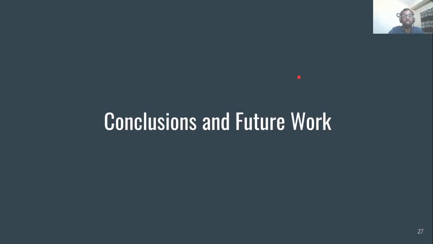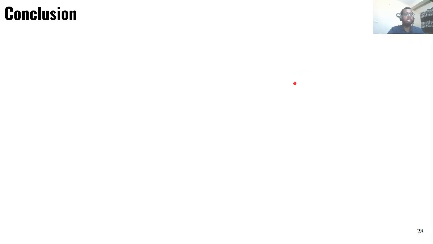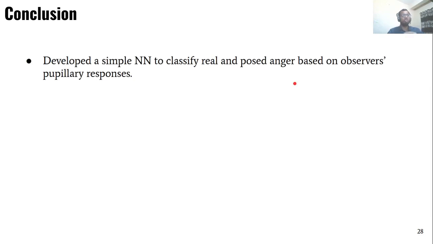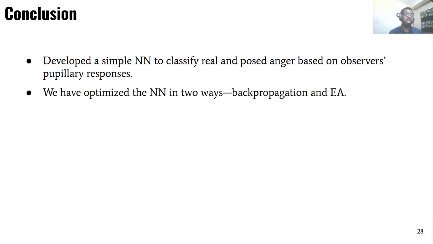Now if we talk about conclusions and future work, regarding conclusions, of course we developed a simple NN to classify real and posed ICAART based on observed pupillary responses, and we optimized the NN in 2 ways, backprop and evolutionary algorithm, and we achieved 86% accuracy using the evolutionary algorithm, and our backpropagation algorithm gave us 85% accuracy.